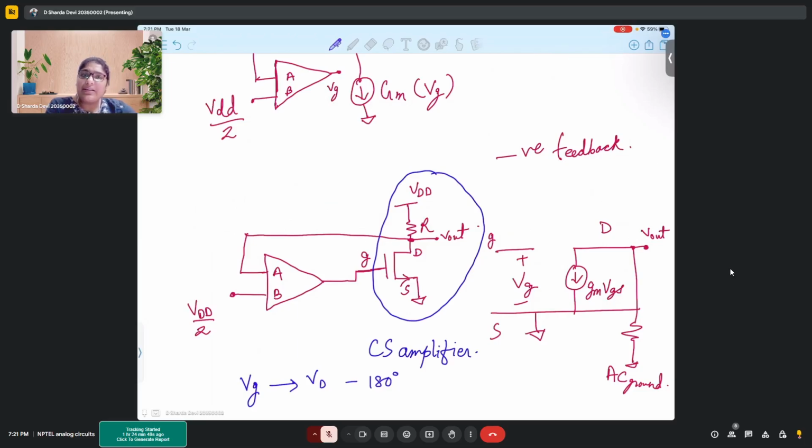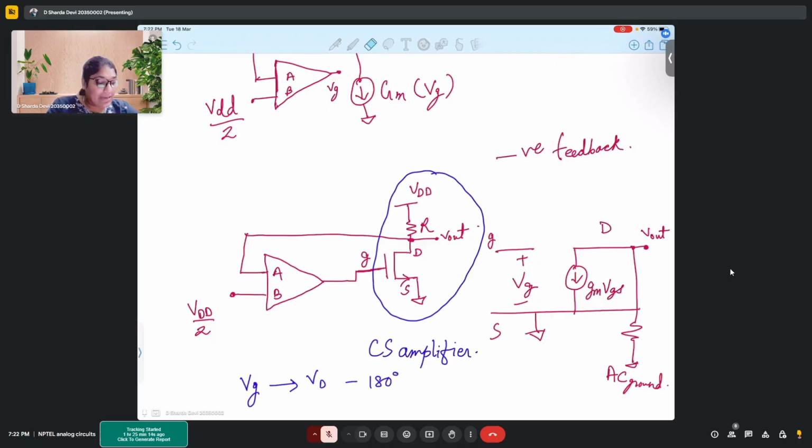Why? Because the input is DC voltage. VDD by 2 means it's a DC voltage. VDD by 2 is a reference voltage, right? Yes, madam, it's a DC voltage. No, VDD by 2 is a DC voltage, but it is also a reference voltage, right? Reference would be a DC, right? Yes, madam. Then how does this MOSFET act as an amplifier in this context?